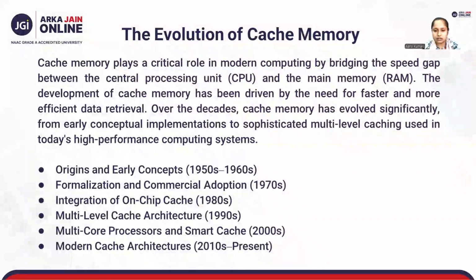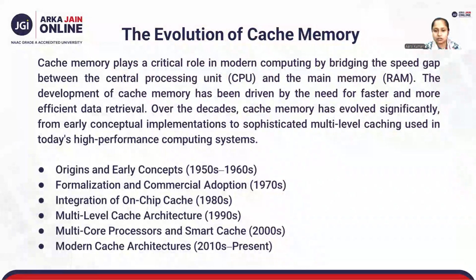Modern cache architectures, 2010s to the present. Modern processors continue to refine cache memory strategies to maximize speed and efficiency. Recent advancements include higher level caching: some high-end processors now feature L4 cache, used mainly in GPU and high-performance computing systems.